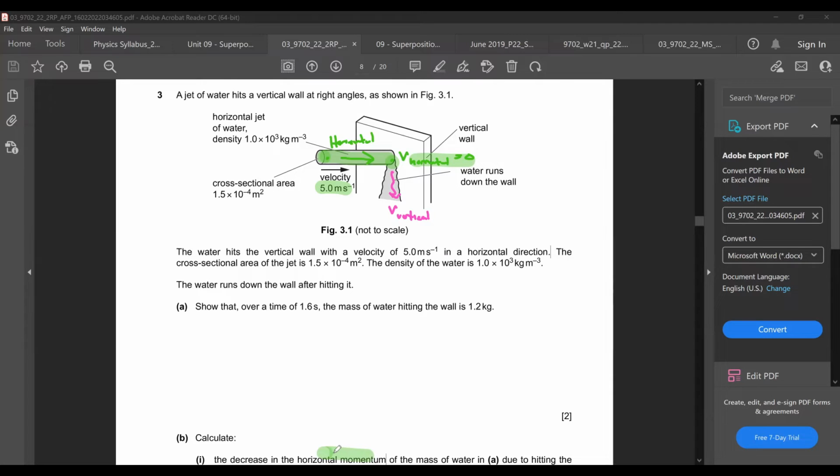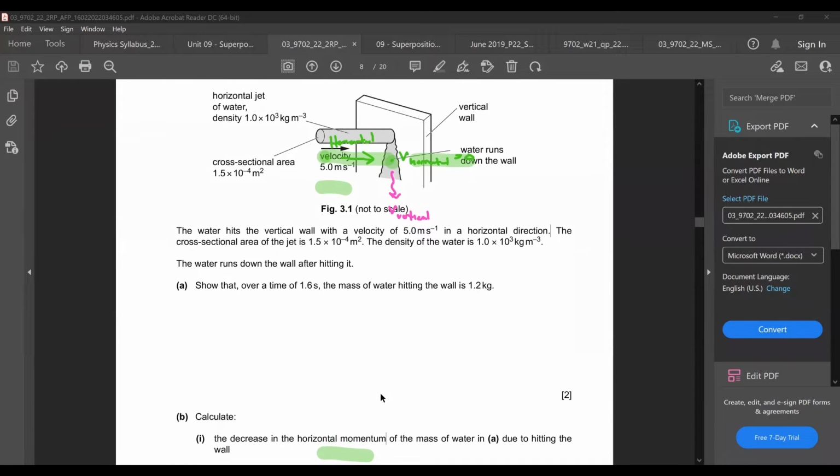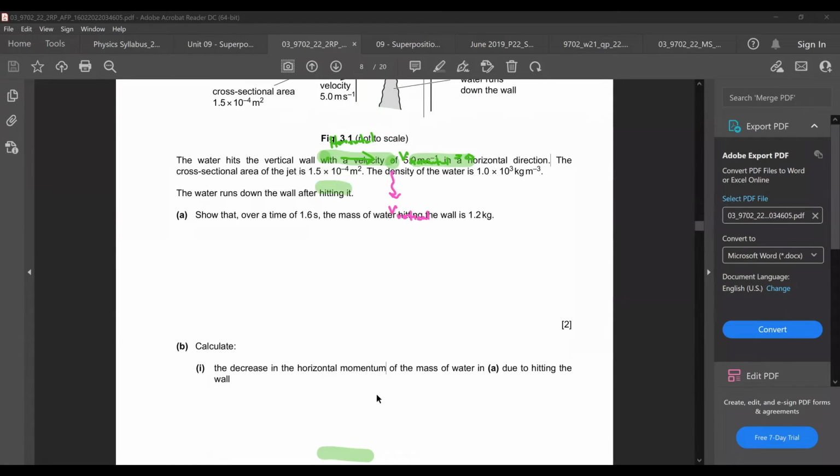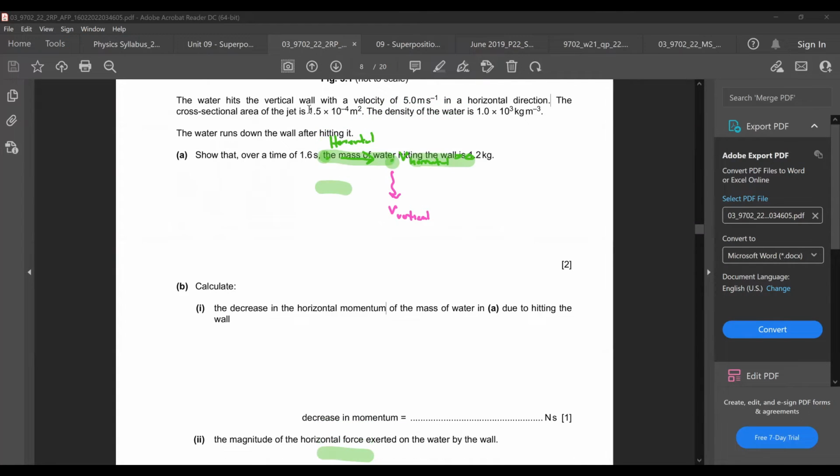So they want you to consider the horizontal momentum upon hitting the wall. Because you see here, they say horizontal momentum, right? You have to consider only the horizontal component of things. You consider the initial horizontal velocity and the final horizontal velocity. So they want the change, or rather the decrease, in horizontal momentum of the mass of water.